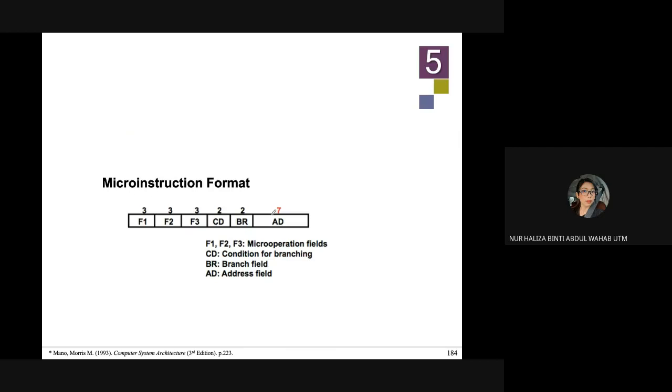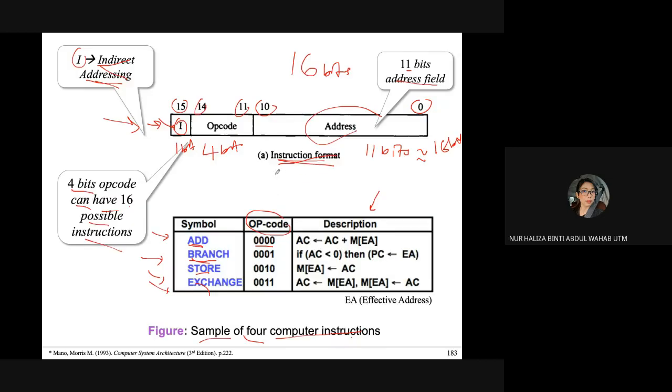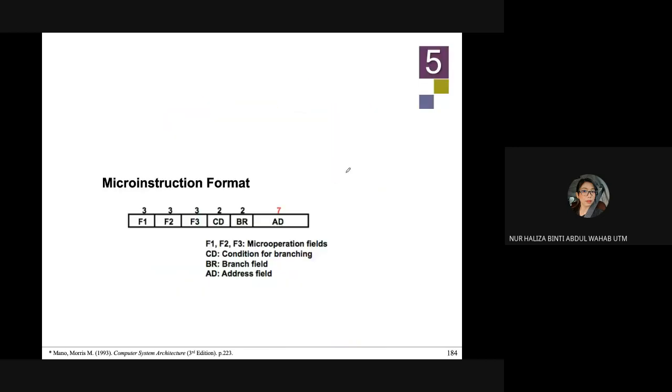Under the micro instruction format, you can see it's quite different from your instruction format, because this one is the micro instruction. You can see you have F1, F2, F3, which are the micro operation fields. 3 plus 3 plus 3, you already occupied 9.